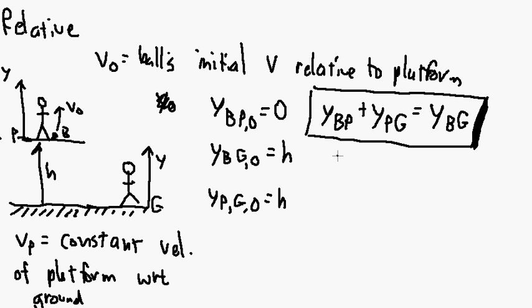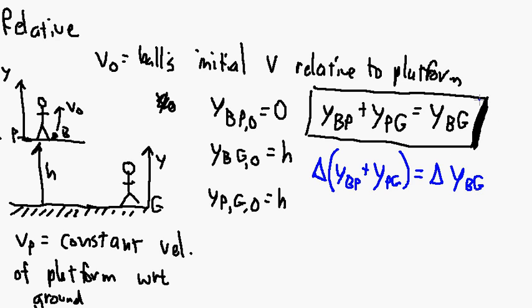So you can take this, and I'm going to switch to blue here just for fun, and say, well, this equation is true for all time, right? Then if the left side changes a bit, so delta, and we put the entire left side in there, y_bp plus y_pg, if that changes, the right side has to change by exactly the same amount. That makes sense, right?